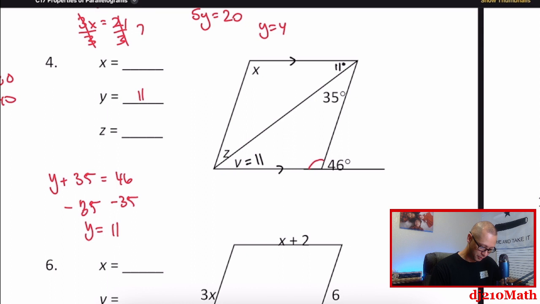Right? The whole thing is 46. We probably could have figured that out by using from the 46 that's down here. But either way, we're there now, right? Like, again, it's all about what you see first. Z, for the same reason that that's 11, this is going to be 35.